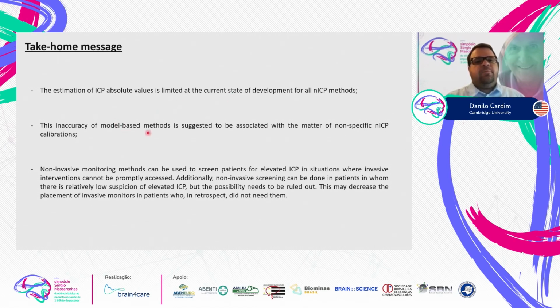And specifically for model-based methods, for example, that rely on waveform analysis, such as transcranial Doppler velocity, the inaccuracy in providing these absolute measures of pressure is suggested to be associated with the matter of non-specific non-invasive ICP calibrations. Because, for example, when you try to establish a model of cerebral blood flow circulation that will produce a non-invasive ICP method, you need to rely on certain population cohorts.